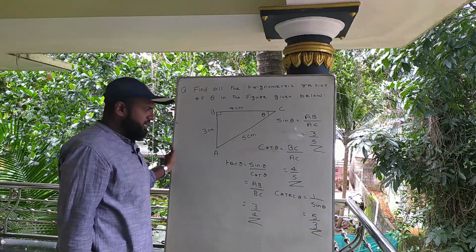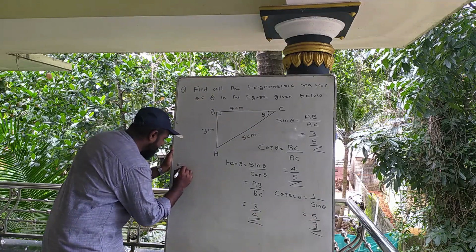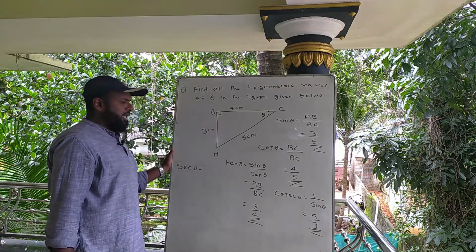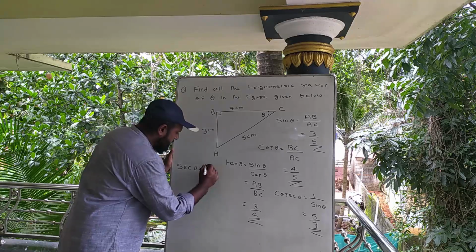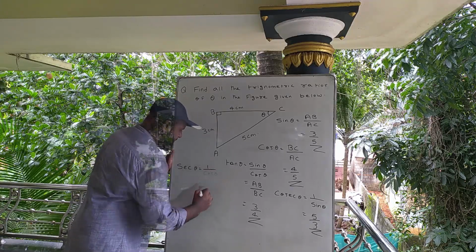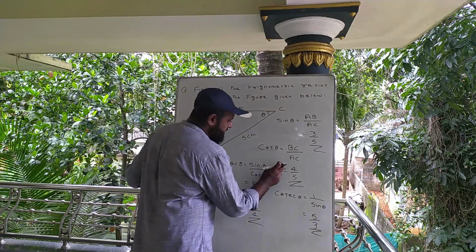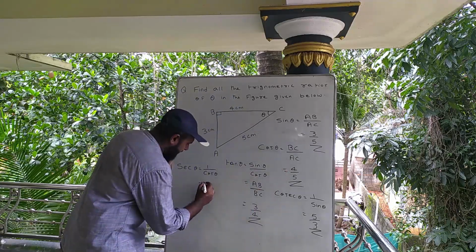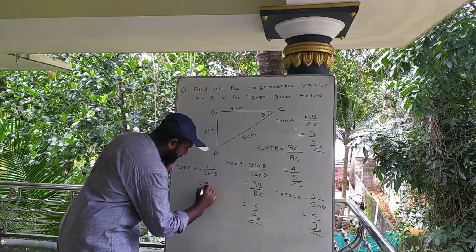We can find what is sec theta. Sec theta equal to the reciprocal of cos theta, that is sec theta is the reciprocal of 4 by 5, that is sec theta equal to 5 by 4.